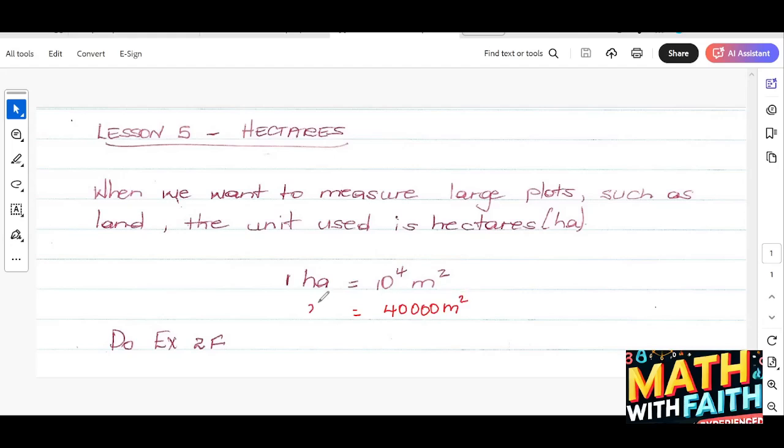So we'll call that X amount of hectares. In order to do this, I simply cross multiply. And how do we do that cross multiplication? X by 10 to the 4. So X multiplied by 10 to the 4 is equal to this side, these two here, 1 by 40,000.